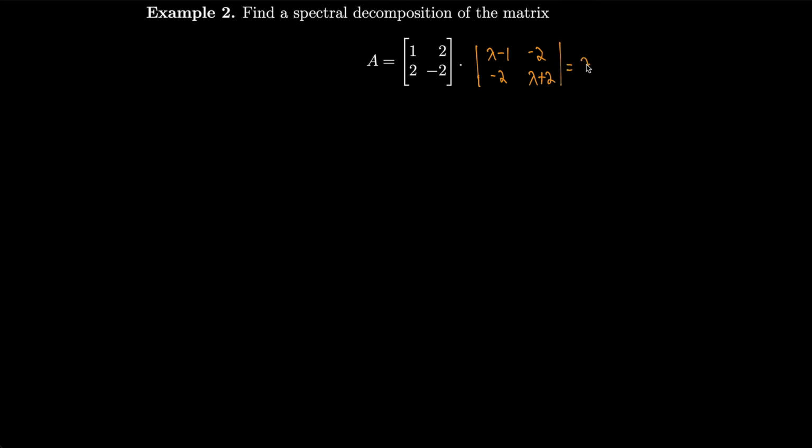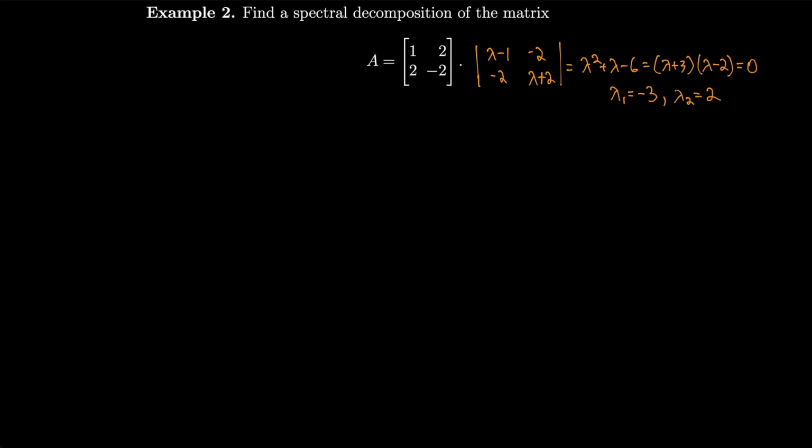And that's lambda squared plus lambda minus 6, which I can factor as lambda plus 3 times lambda minus 2. And I'll set that equal to 0 to find the eigenvalues. So I'll get eigenvalue lambda 1 equal to minus 3, and eigenvalue lambda 2 equal to 2. And I'll use those to find the eigenvectors.